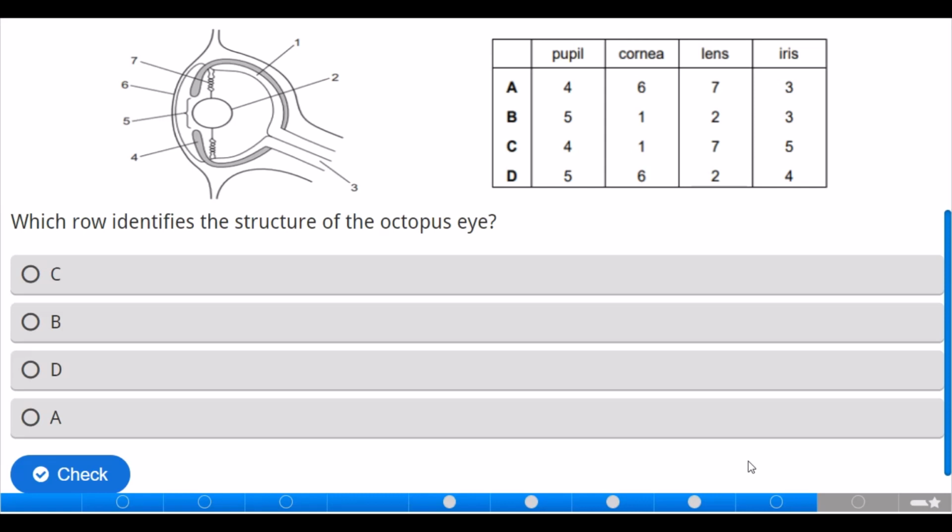I have a numbered labeled figure of the eye, and I also have a table of the pupil, cornea, lens, and iris there. Which row identifies the structure of the octopus eye?